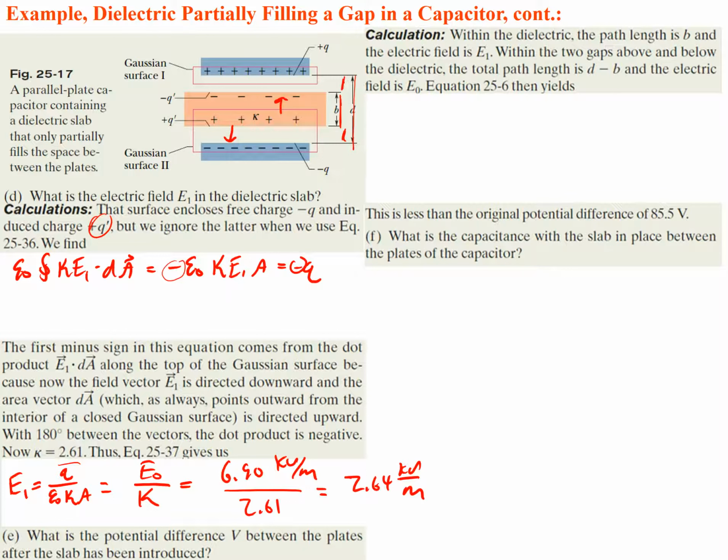All right, therefore, our equation for voltage, which is V is equal to the integral from negative to positive of E ds, is just going to be E naught, which is our original electric field, times D minus B, plus E1 times B. Right, so it's the contribution of the electric potential in the dielectric slab, which is given by that, and the potential not in the slab, so in between these spaces.